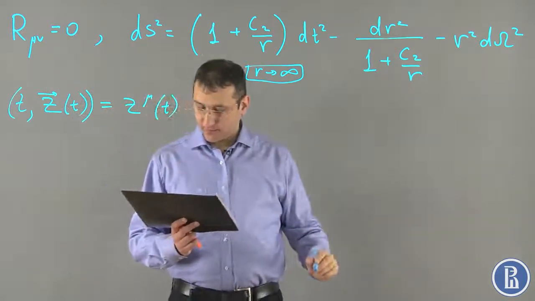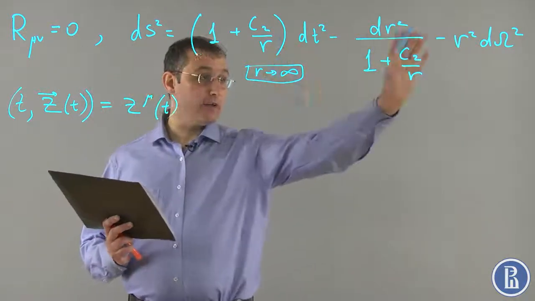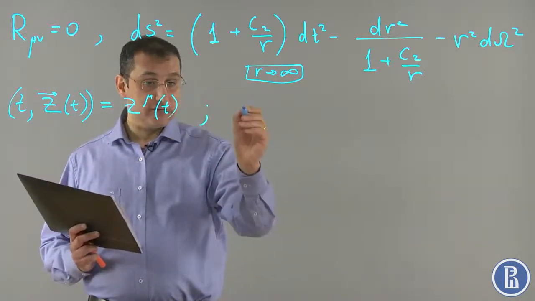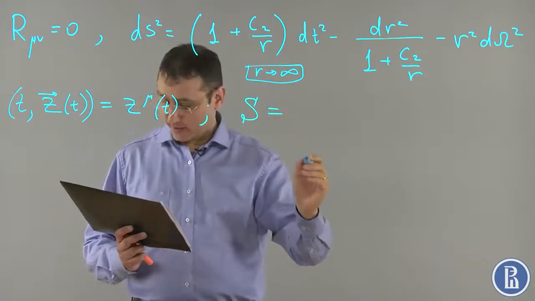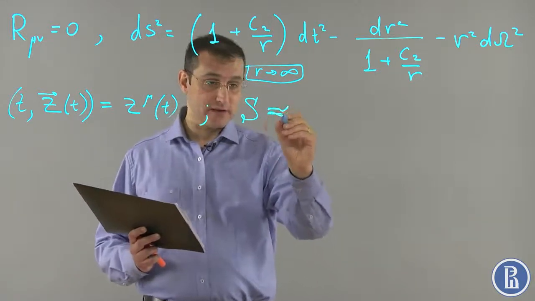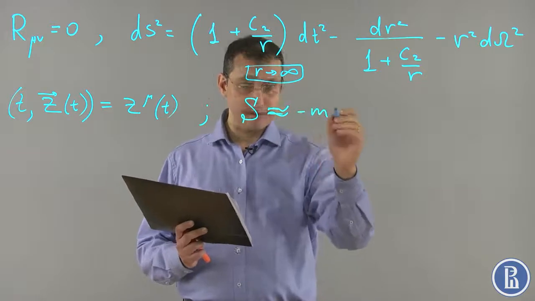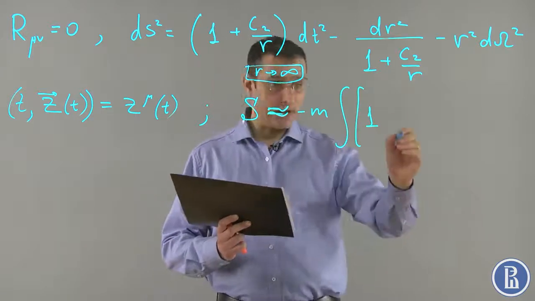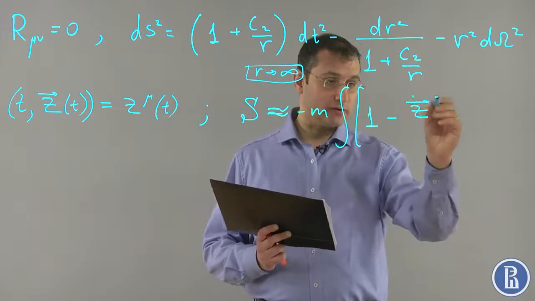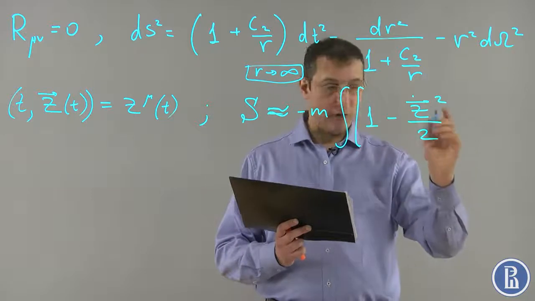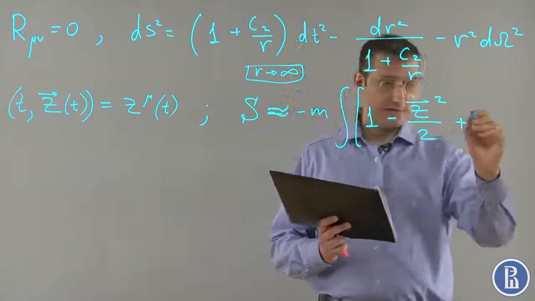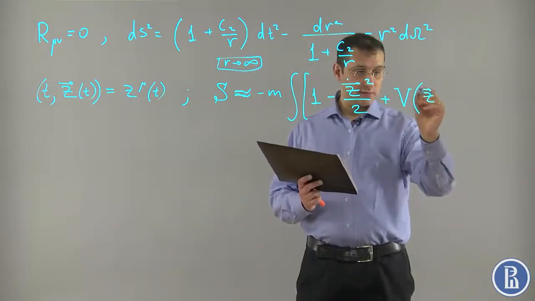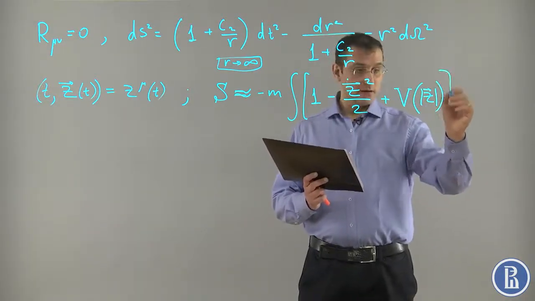And so when it is very far from the gravitational center, we know from classical non-relativistic mechanics that its action is proportional to minus m integral of (1 minus z dot squared over 2 plus V of modulus z) dt.